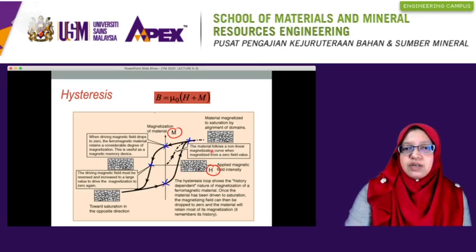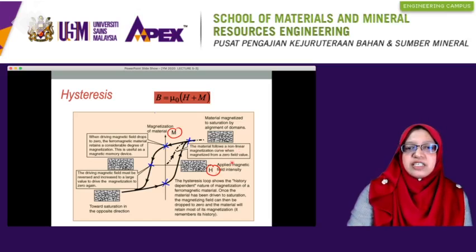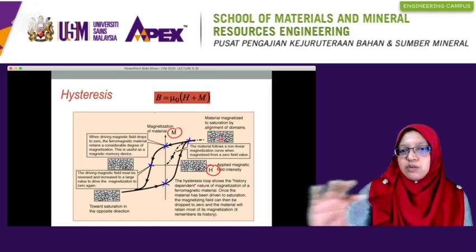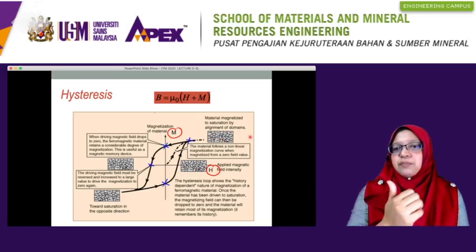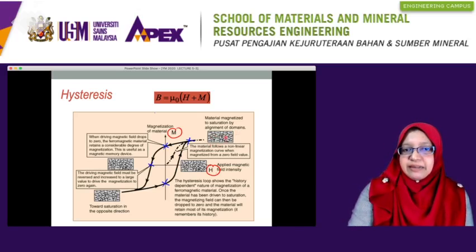At this point, the material follows a nonlinear magnetization curve when magnetized from zero field value. At this point, material is magnetized to saturation by alignment of domains. You can see all the domains are aligned towards the right. They're all in the same direction.